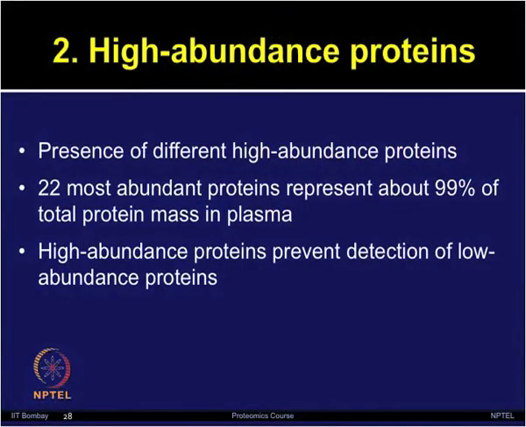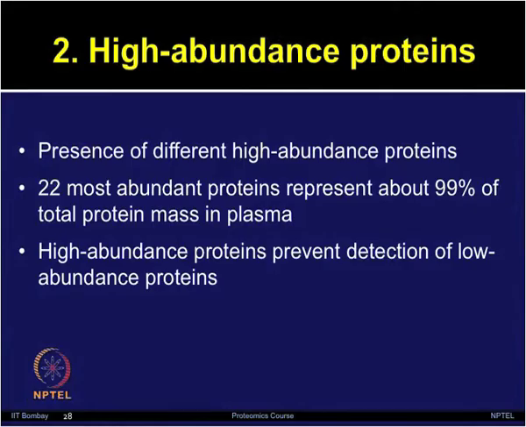There are almost 22 highly abundant proteins present in serum, which represent about 99% of the total protein mass of serum or plasma. These high abundance proteins prevent the detection of very low abundant proteins, and often these low abundant proteins could be the target which you are probably looking for as a part of biomarker discovery.